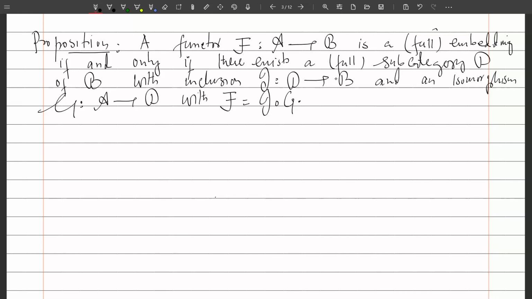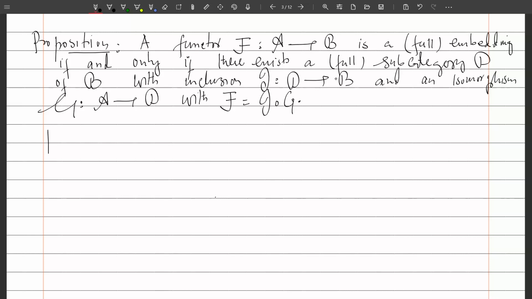Then we have to prove that there is an inclusion I from D to B, where G from A to D is an isomorphism with f the same as I composite G. So one should note here we say a functor from categories A to B is an isomorphism if there is another functor, say G from B to A, such that G composite F is the identity functor on category A and F composite G is the identity functor on category B. So in some sense it says that a functor is an isomorphism if it is full and faithful, I mean it is injective as well as surjective on both the morphism class as well as the object class.